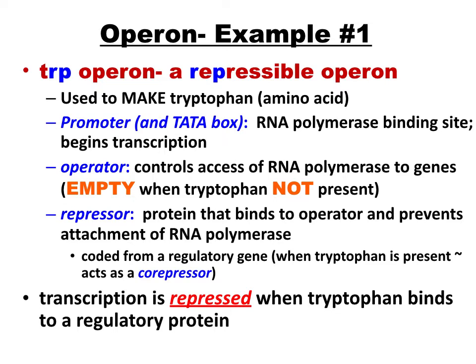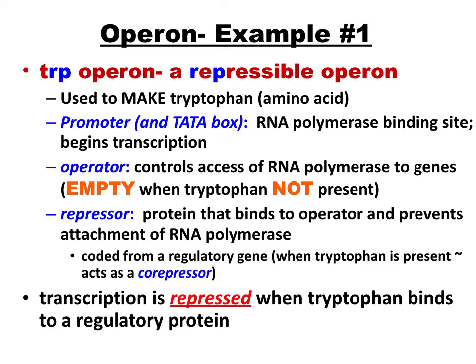Under those circumstances, it's better for the bacterium to turn this pathway off and use up the tryptophan that is available before it uses its resources to make more. So this is what's called a repressible operon. What that means is that something has to happen to activate the repressor to turn the operon off.